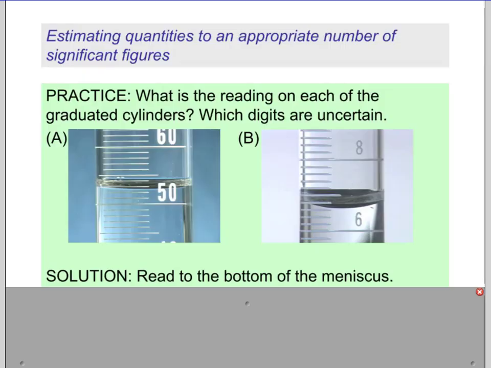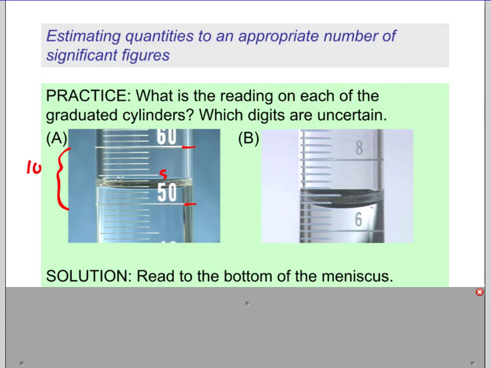All right, so when we read something like a graduated cylinder, for example, or a thermometer, the first thing we want to notice is what are the little gradations, what is their value. So if we look here, we have 50 on this mark, 60 on this mark, and if you count the number of gradations, there are 10 within there. This little extended guy is 5.